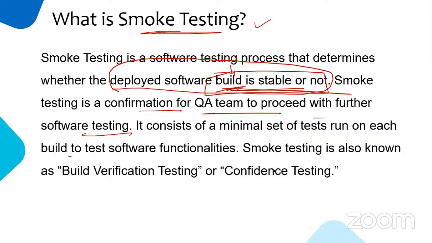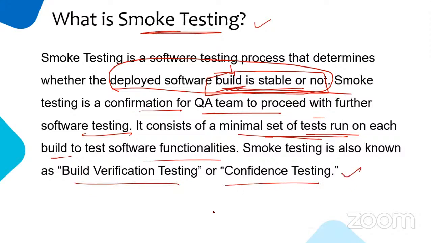It consists of a minimal set of test cases on each build to test the major functionalities of the software. This is also called build verification testing, because it gives you confidence to start the testing. We are checking the build here.